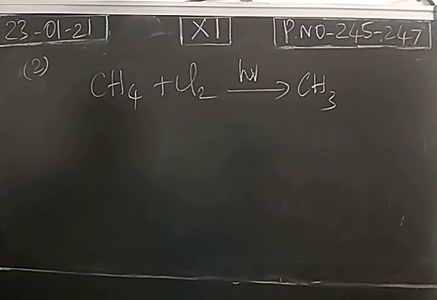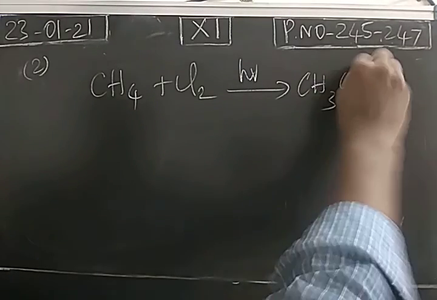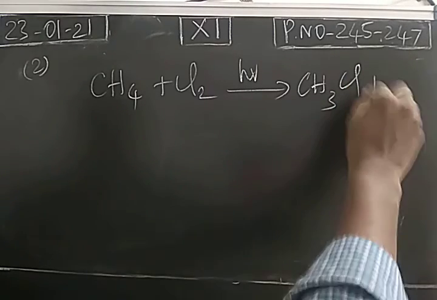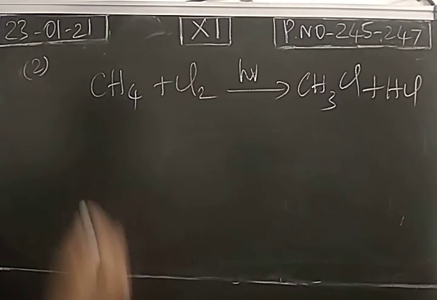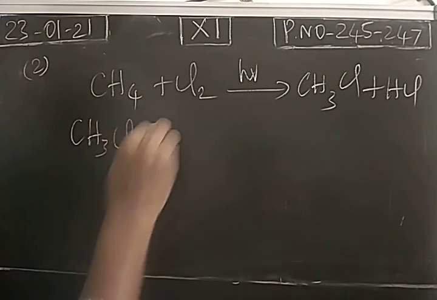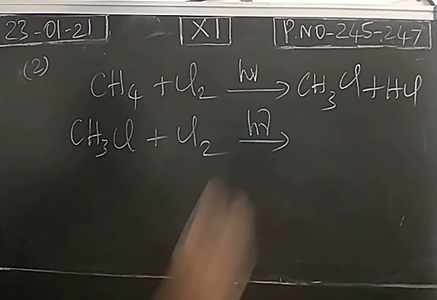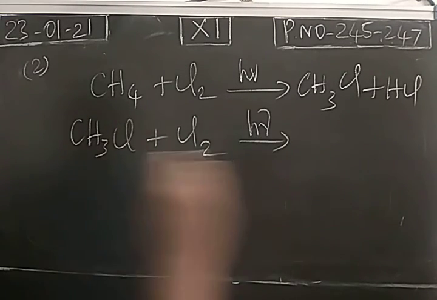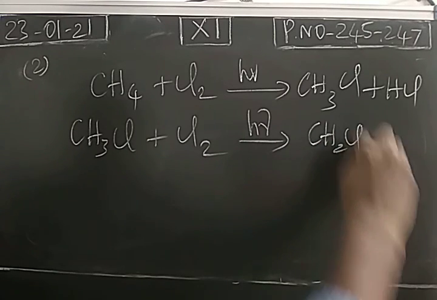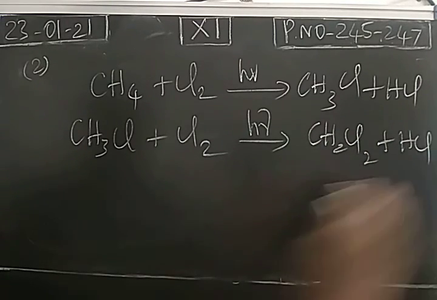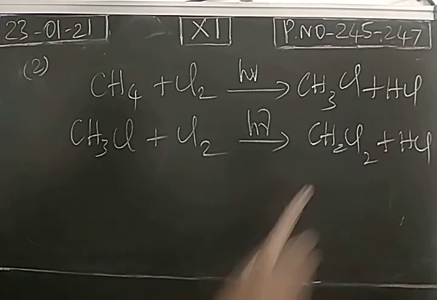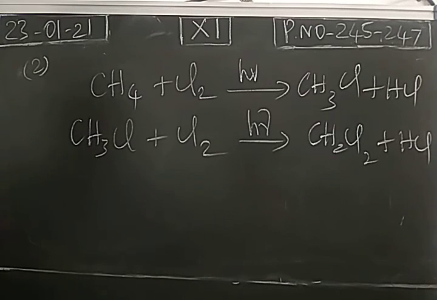There will be a substitution reaction. The mechanism is free radical substitution. So we will get methyl chloride with the liberation of hydrogen chloride. The methyl chloride undergoes substitution again, one more hydrogen is replaced by chlorine. So we will get methylene chloride.